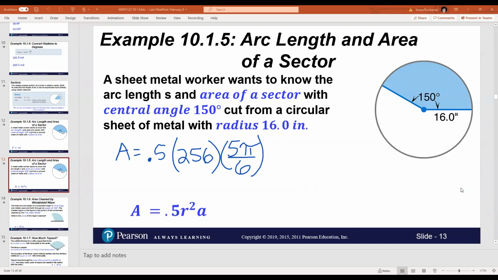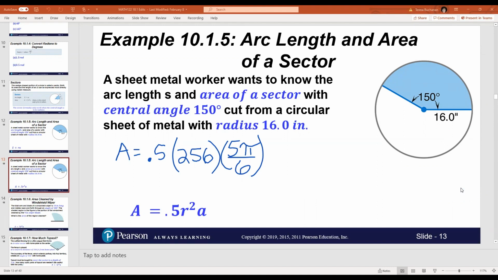And so running that calculation, we get 0.5 times the 256 times 5 times pi, all of that. And what I'm doing, you can do what you think works and hope it's correct, but I'm going to get all of that numerator taken care of first and then divide by the 6.